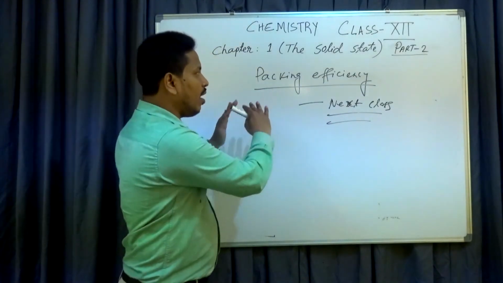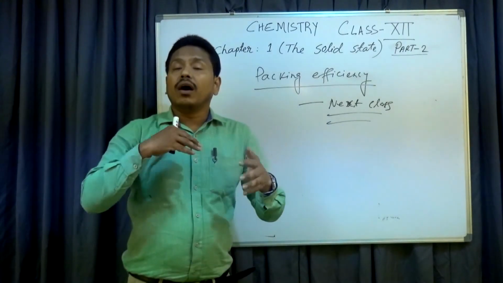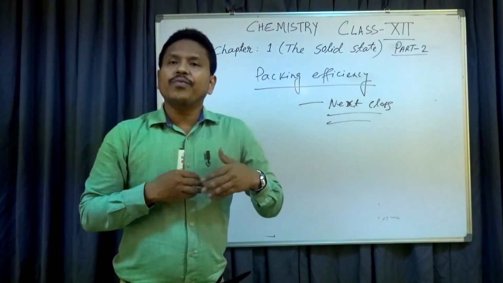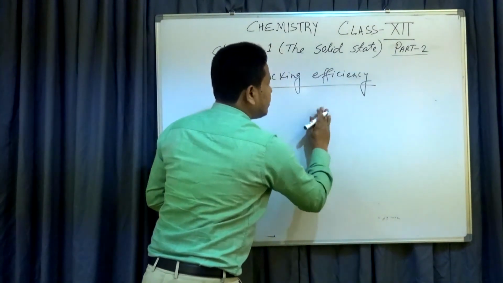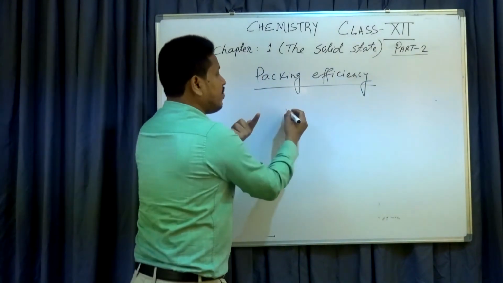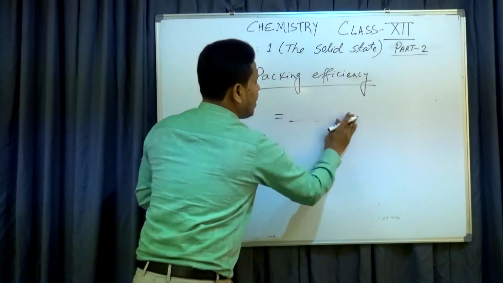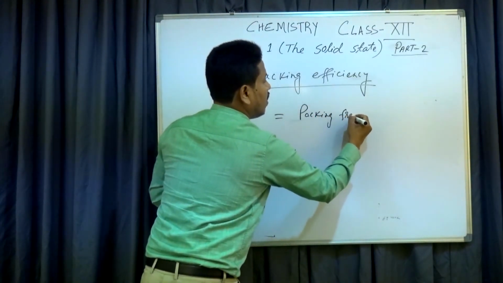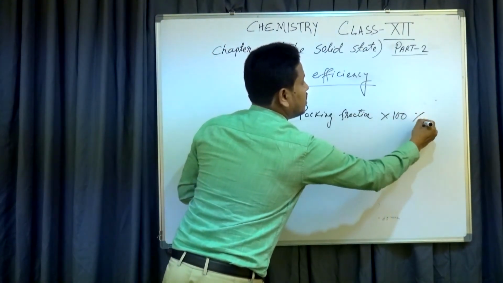So you have to draw the face centered cubic unit cell. First of all, you have to correlate A, R, D, etc., followed by which we have to calculate the packing efficiency. What is packing efficiency? Just read at home. Packing efficiency means packing fraction into 100%, means percentage.